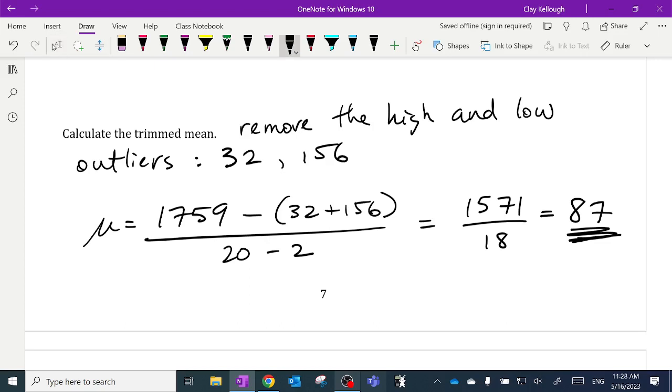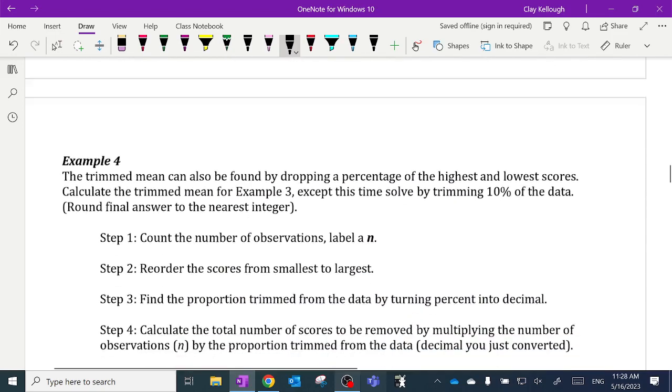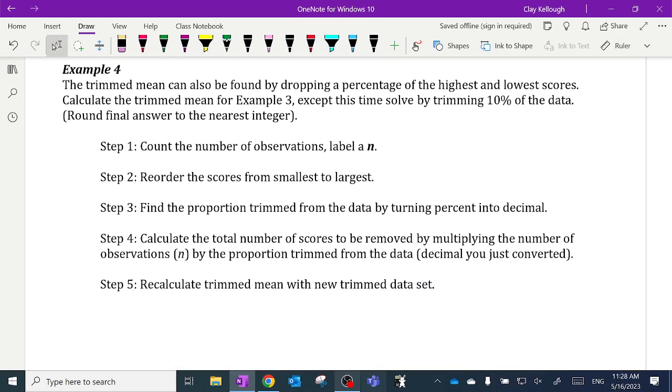All right. Example 4. Another way you can do trimmed mean is by dropping a percentage of the highest and lowest scores. So to calculate the trimmed mean for example 3, this time we'll trim 10% of the data. Step 1, count the number of observations.